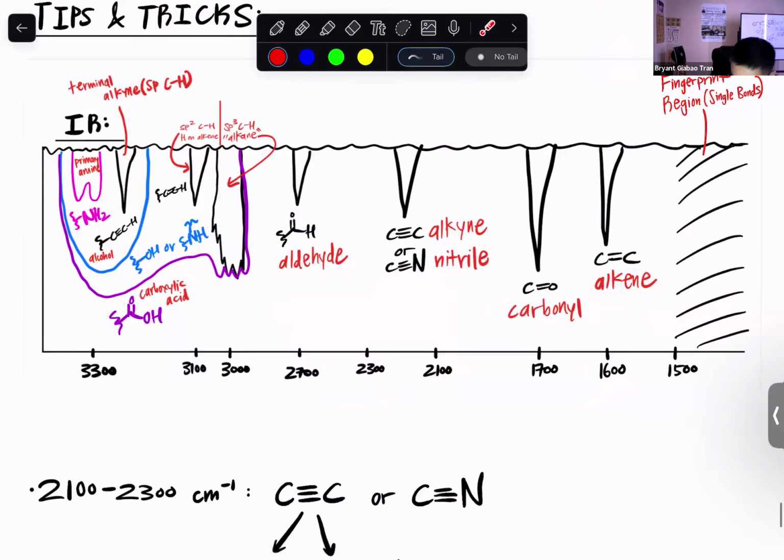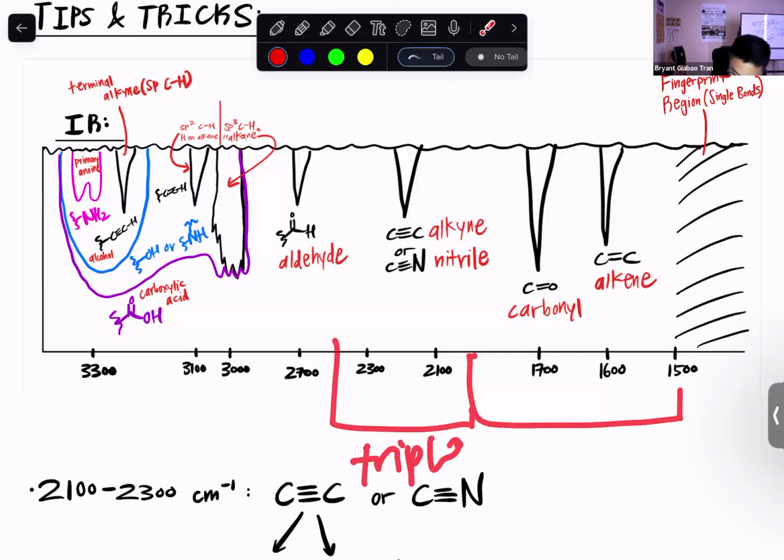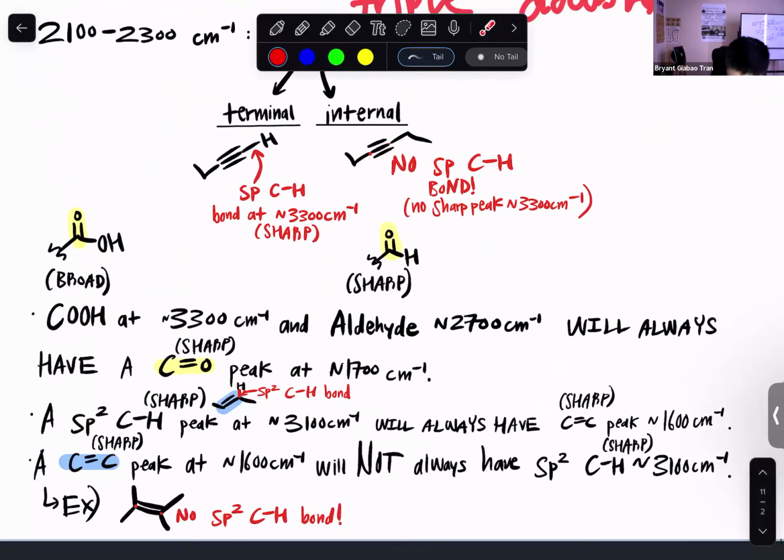So that still falls in the range of 1500 to 2000, the double bond region. And 2000 to 2500 is the triple bond region. That still falls into this graph as well, but this one is just a little bit more narrow.